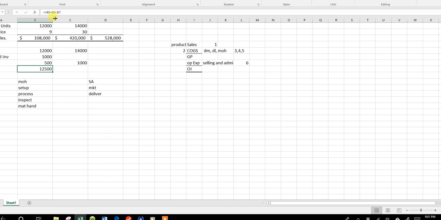So it's probably good to get rid of all the words and put them right in here. So I've got these numbers set up already over there on the other sheet. So I would make sure I have this heading called manufacturing overhead, setup, whatever it is per the allocation base, process, inspection, materials handling. And I think I'm going to end up without one of these. Okay, let me pause this.